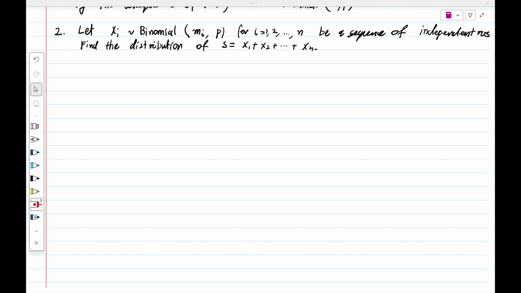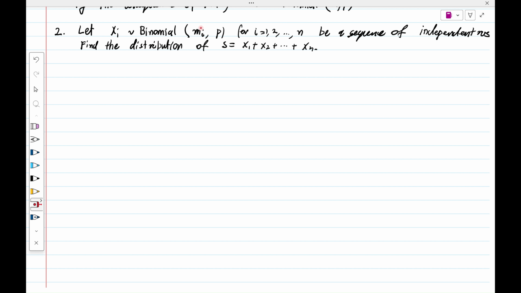In this example, each of our Xi variables is a binomial distribution. Each of them has the same probability of success parameter p, except in this case, the number of trials for each Xi is a value which doesn't necessarily have to be the same for each i from 1 to n.